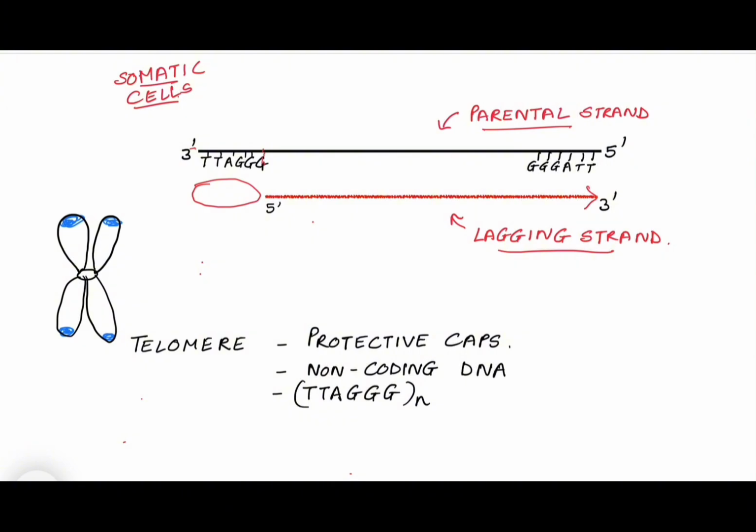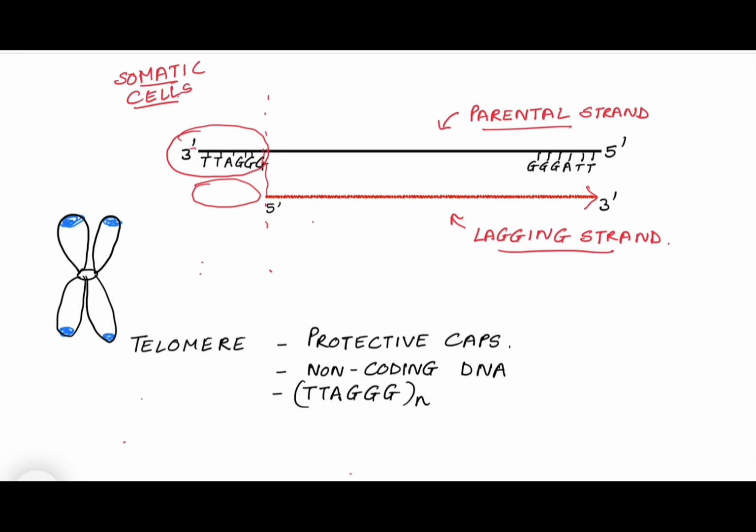Because there is a gap, no strand can be formed, so there is an overhang on the parental strand at the 3' end. Because there is an overhang, it has to be removed because it is extra. So another enzyme will come and cut this area. So gradually what is observed in somatic cells is that the telomeres start becoming shorter and shorter after every cell division.